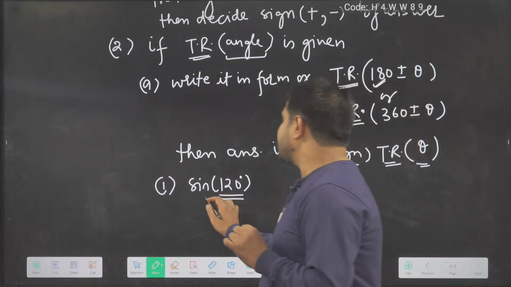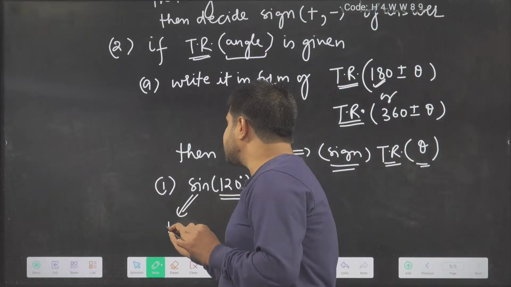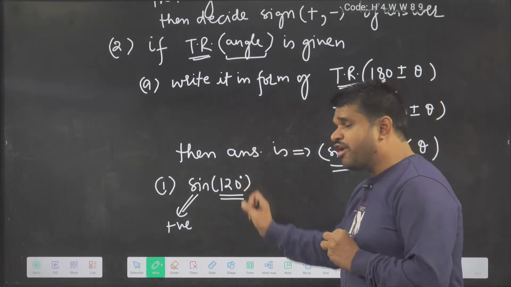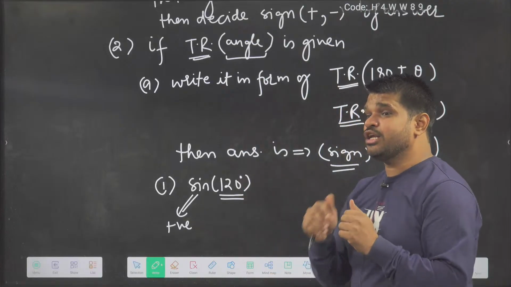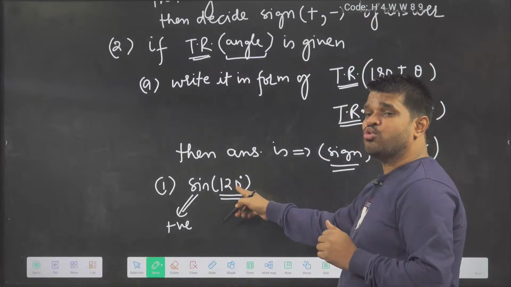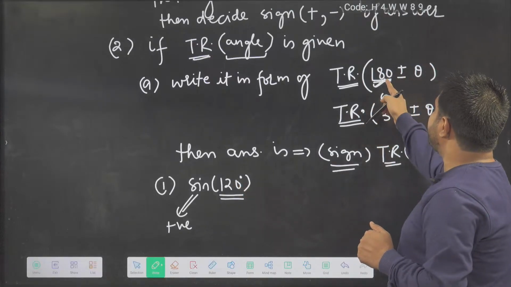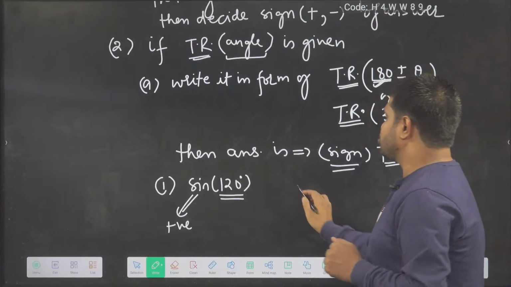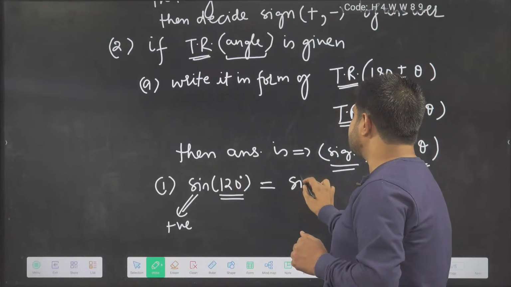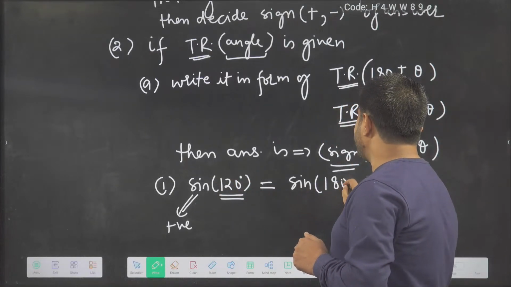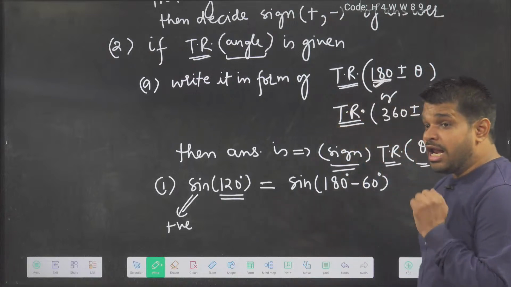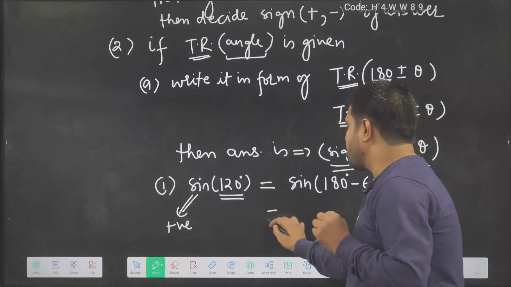So one thing I know is the answer will be positive. Now 120 degree can be written using 180. How? I can write 120 as 180 minus 60. So I can write sine 120 degree as sine of 180 degree minus 60 degree.